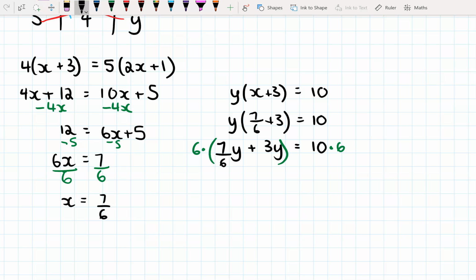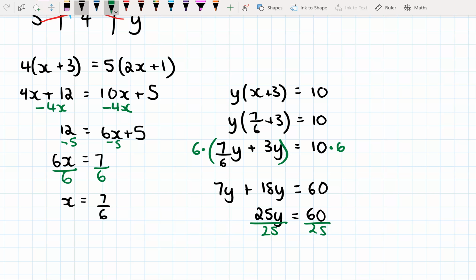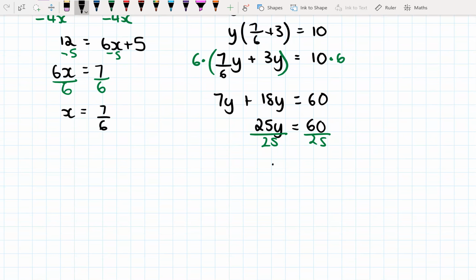Okay, so everything's going to multiply by 6 here, then we get 7y plus 6 3s are 18, so 18y is equal to 60. Okay, so 7 and 18 is 25y is equal to 60. Okay, then we can just divide both sides by 25, and we have y is equal to 60 over 25.